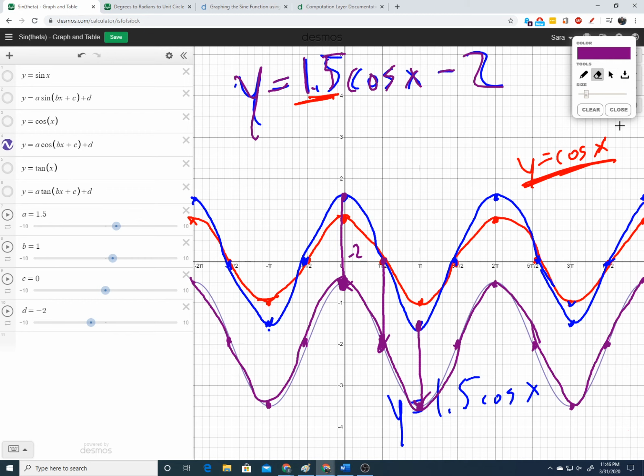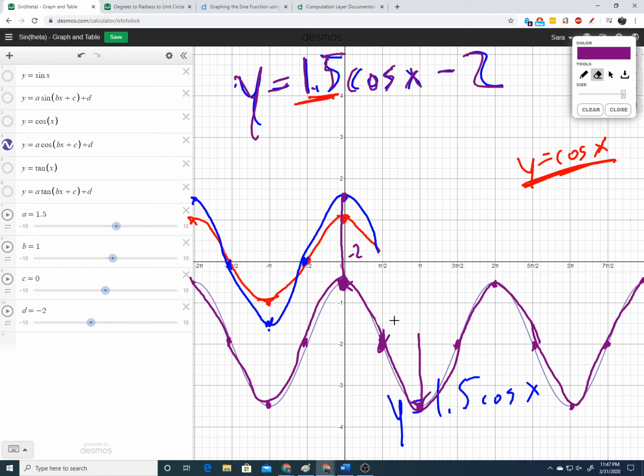I'm going to erase all of these previous lines that just helped me get to where I needed to be. Can erase those shift lines as well. And when you make the graph a little less messy, it's a lot easier to see how well we did.